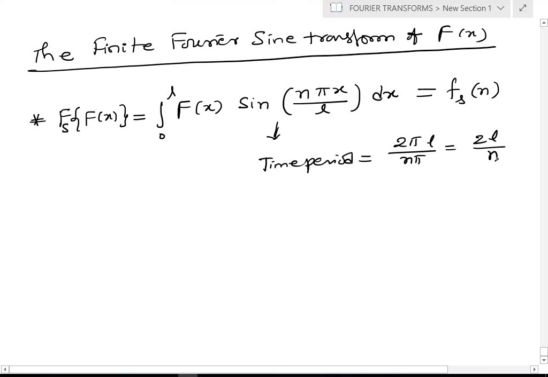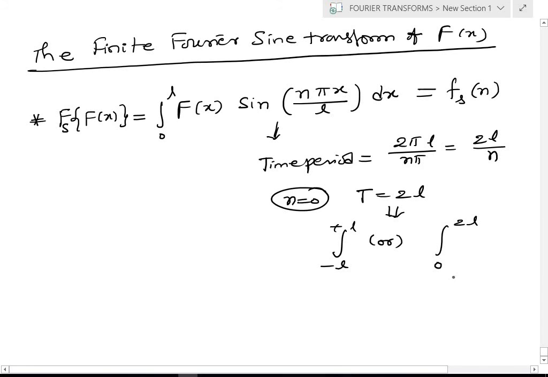For example, the least value of n will be 1, n can't be 0 here, so the time period will be 2L. The length will be 2L, which means we might perform integration from minus L to plus L, or from 0 to 2L. So this is known as the Fourier sine transformation of finite length.